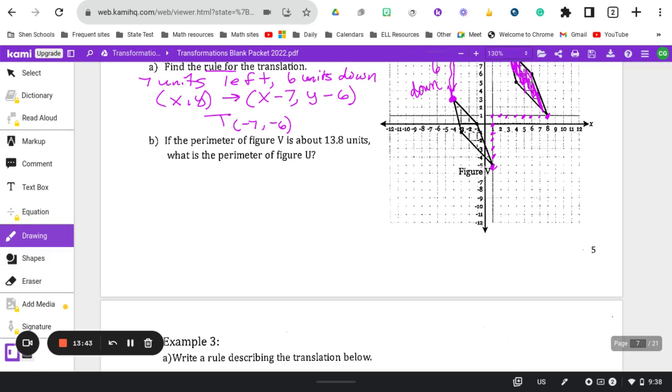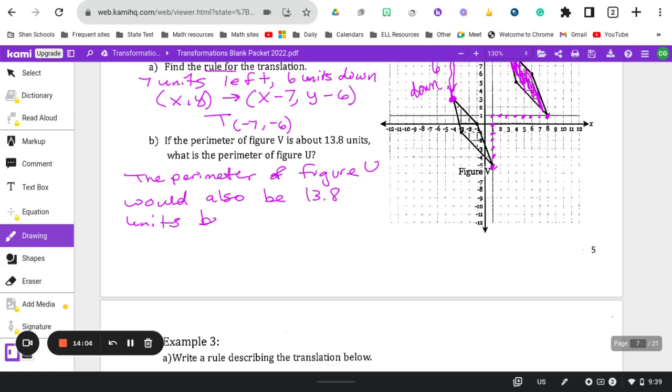Okay, so if you said the perimeter of figure U would also be 13.8 units, because translations produce congruent figures.